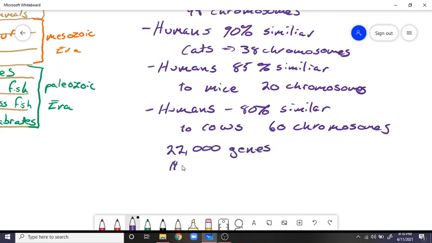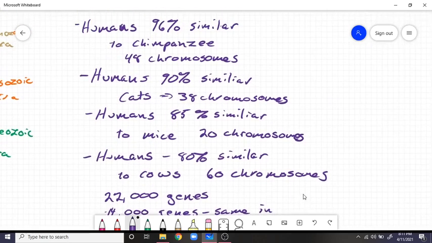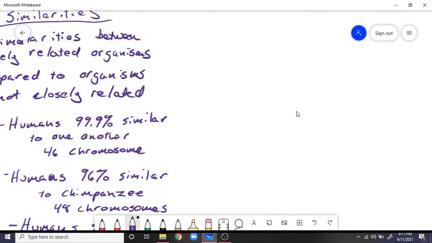When you compare all of a cow's genes to those of a human, 14,000 are exactly the same. So cows and us have 14,000 genes that encode for the exact same proteins to do the exact same job. The only way that would happen is if at one point in time we came from the same ancestor.